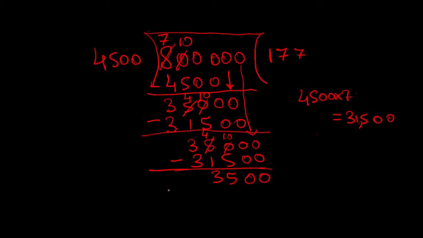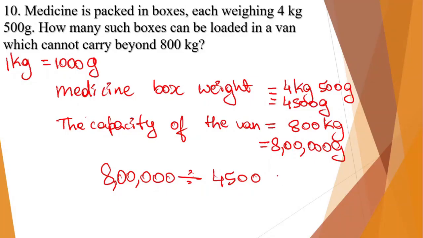Now we will get 3,500 as our remainder and 177 boxes will be our answer. So this will be 177 and the remainder will be 3,500. So 177 boxes.